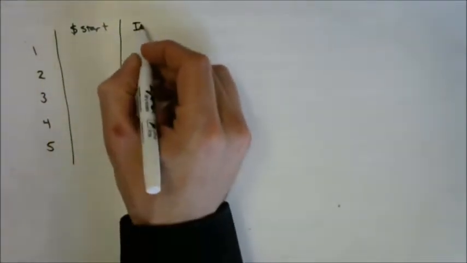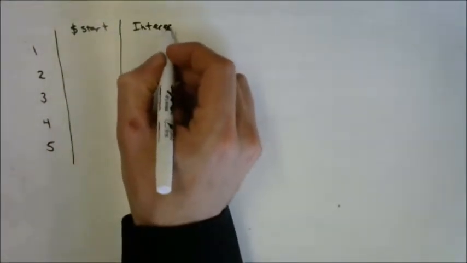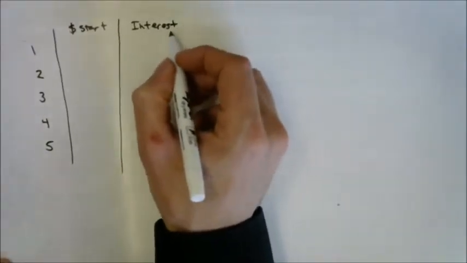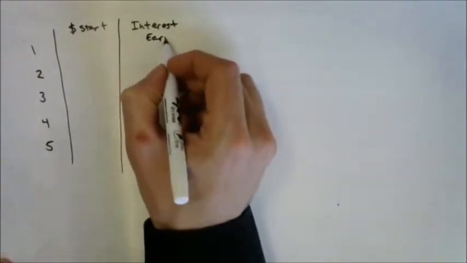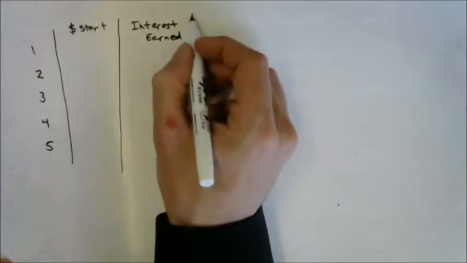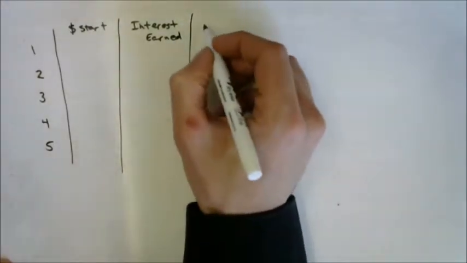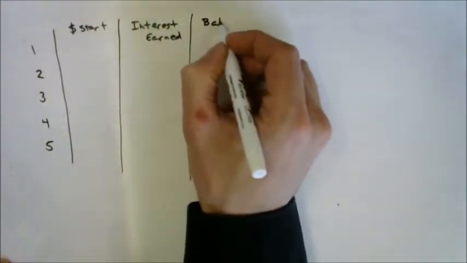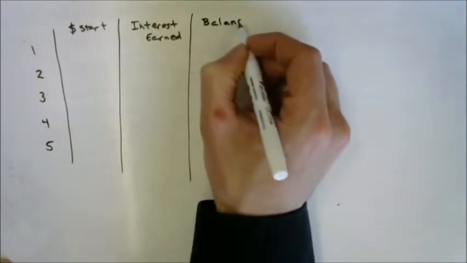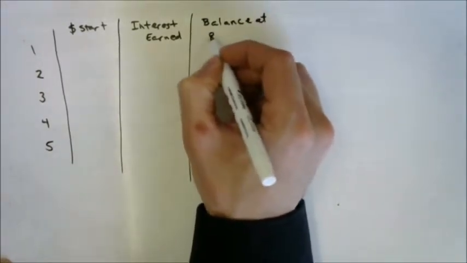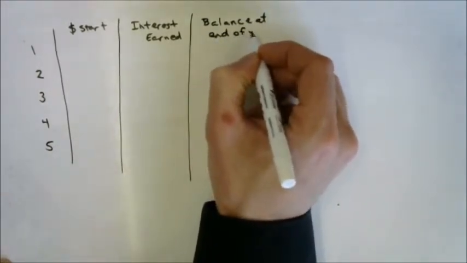Then we're going to get our interest earned, and you can start filling it out already on your own. Then you have the balance at end of year.